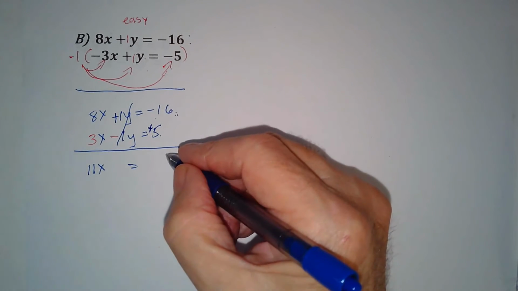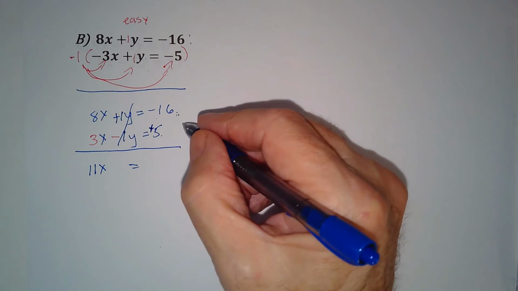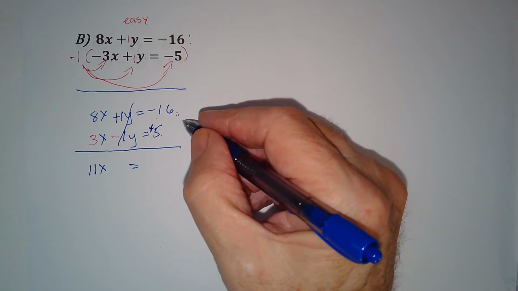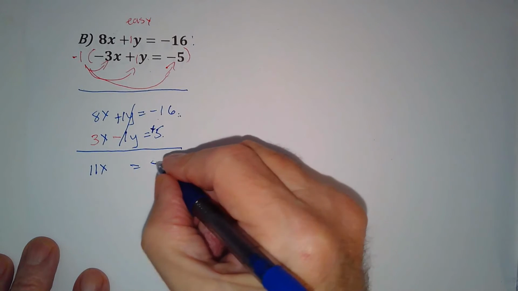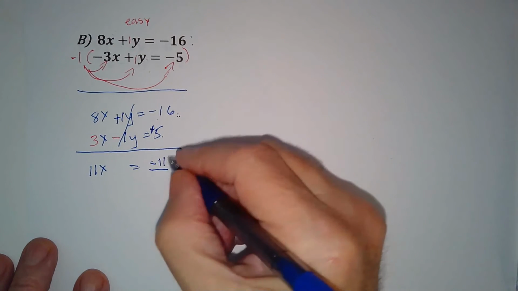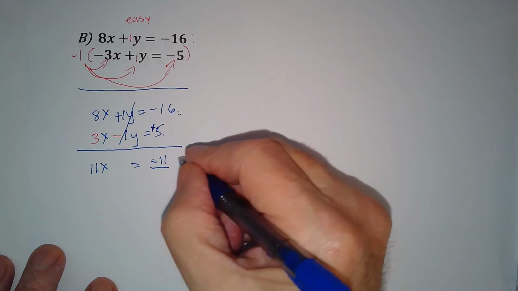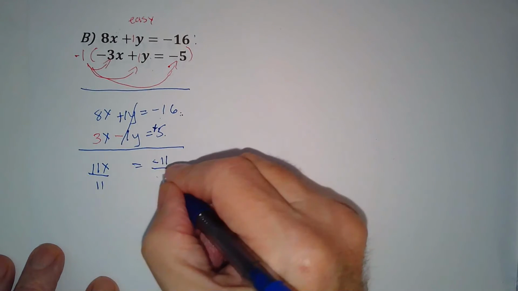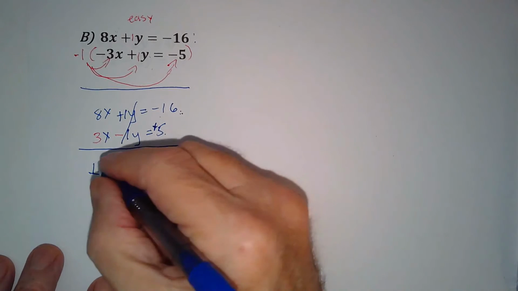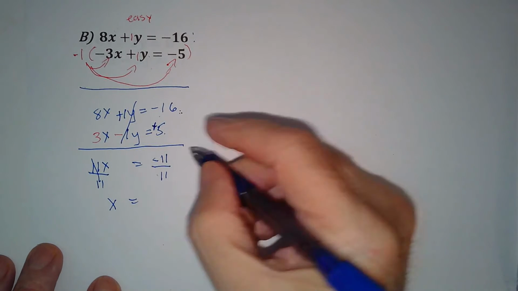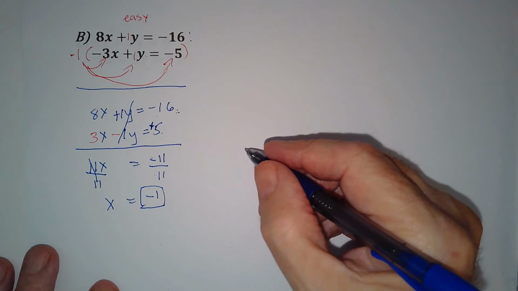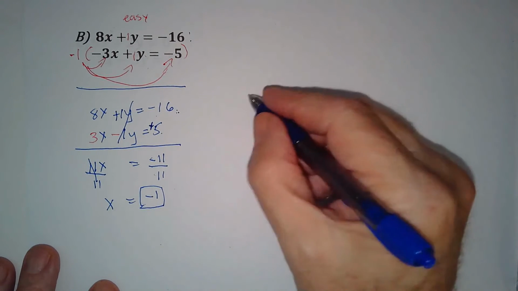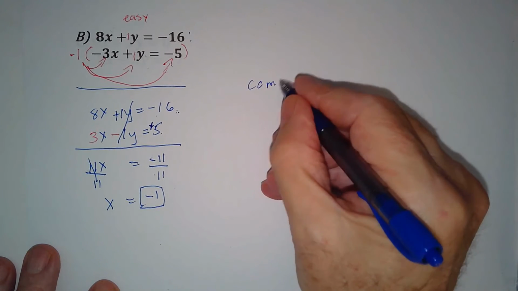So that's going to come out to negative 11, right? And we're going to divide by 11 on both sides. And when we divide by 11 on both sides, we get 1x equals negative 1. So we got negative 1 again as our answer, okay?